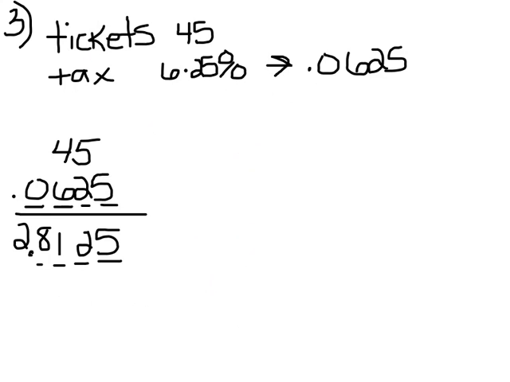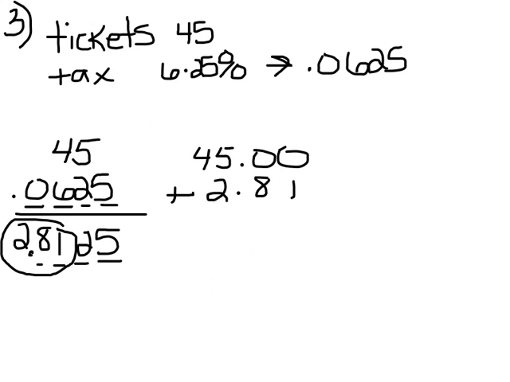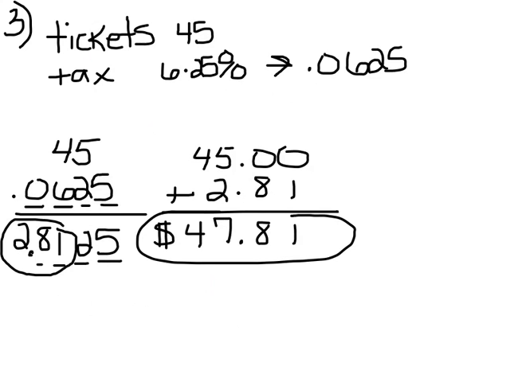Now, we're dealing with money right now, so remember that you do have to round to the nearest penny. So $2.81. The 2 does not round the 1 up. So our final price will be $45 plus our tax of $2.81, which means we'll be paying $47.81 for these concert tickets.